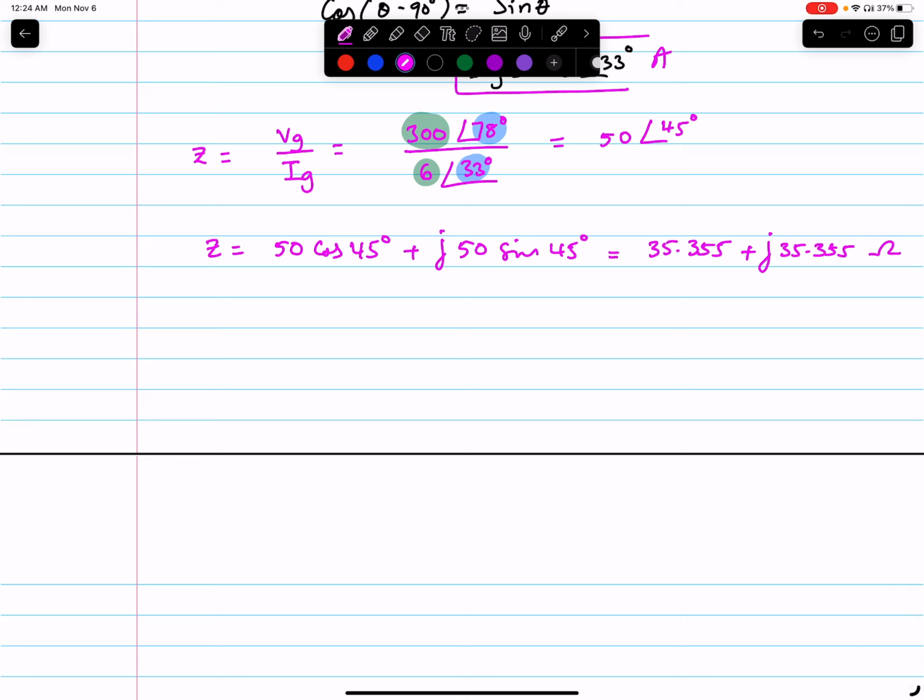Impedance is always in ohms. That's the first part of the problem.